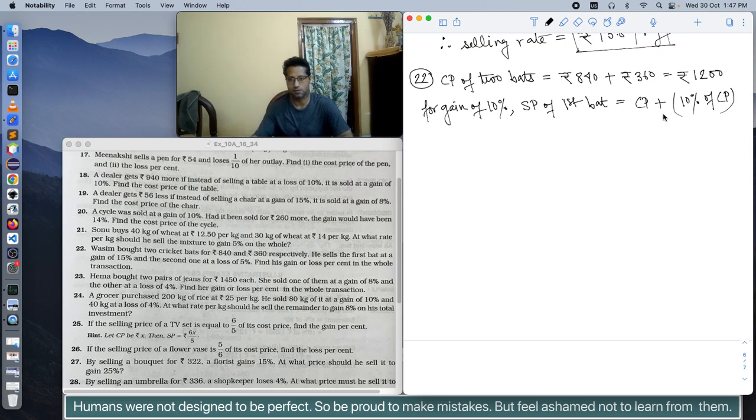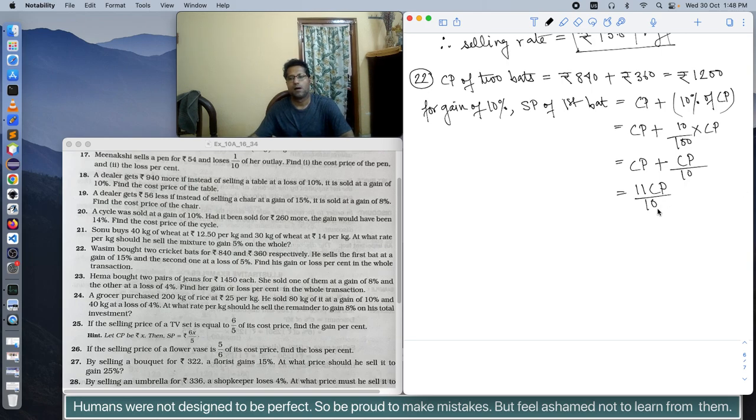So this is CP plus 10 by 100 multiplied by CP, and remember CP means the cost price of the first bat. This is CP plus CP by 10, which is equal to 11 CP by 10.